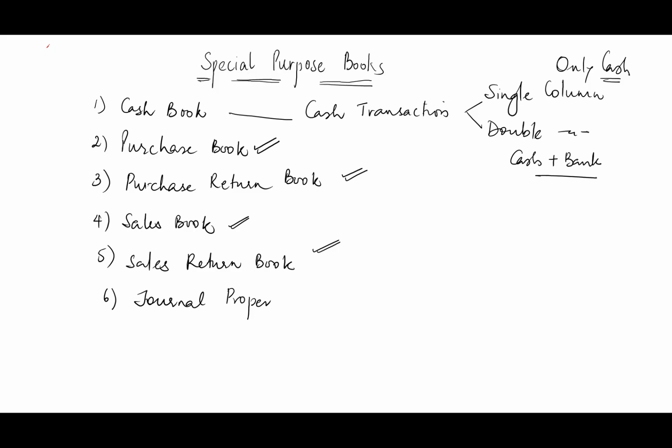Now we come to journal proper. Journal proper is a special kind of book in that the non-regular kinds of transactions are recorded in it.